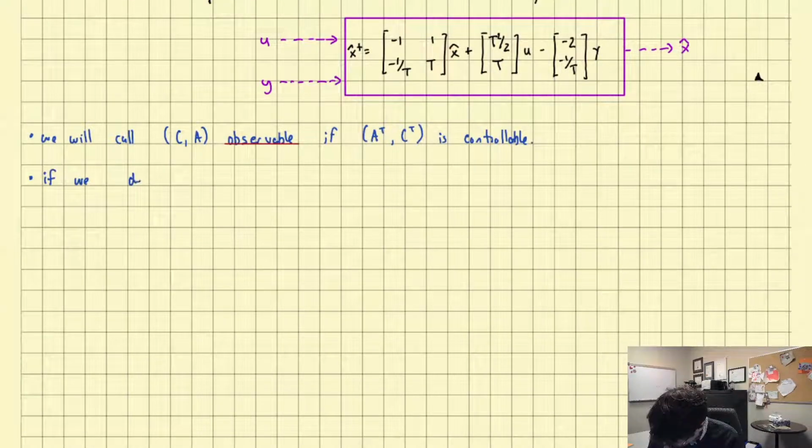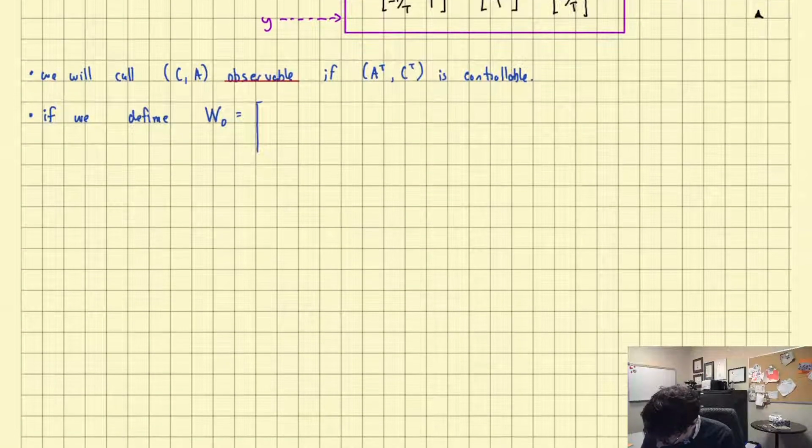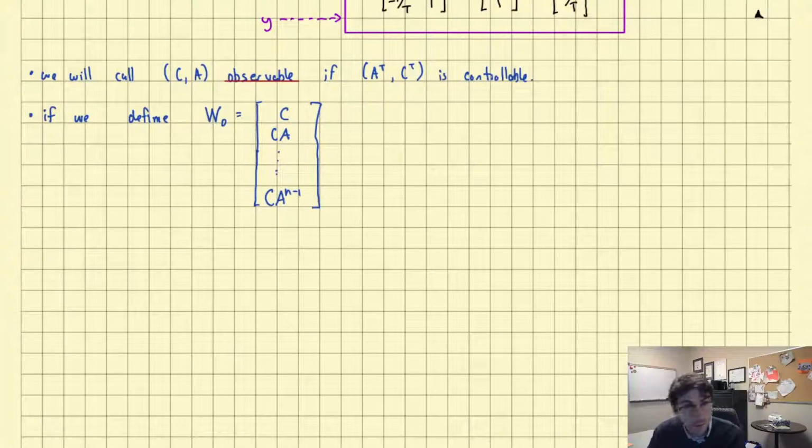If we define W sub O for observability now, to be this matrix, so C, okay, so what is this matrix?